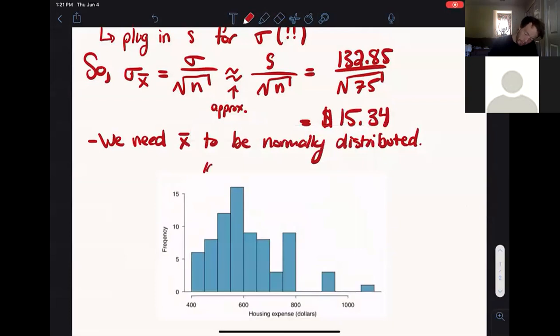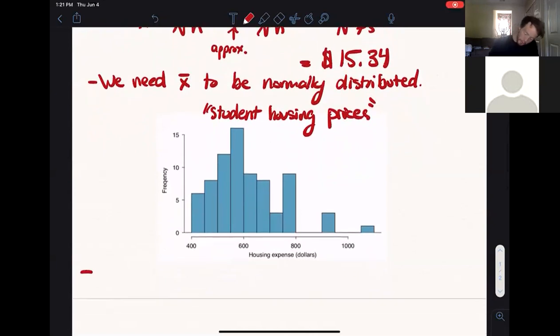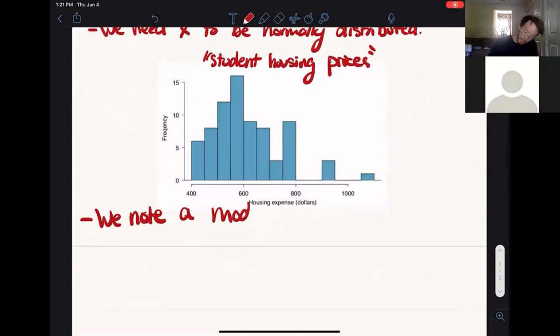Student housing prices. And we note a moderate skew, right? It looks like it's moderately skewed to the right.